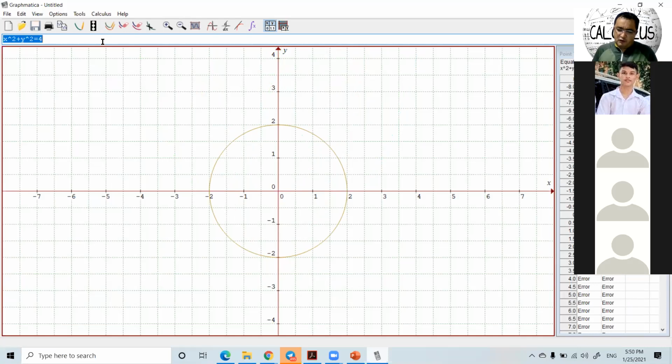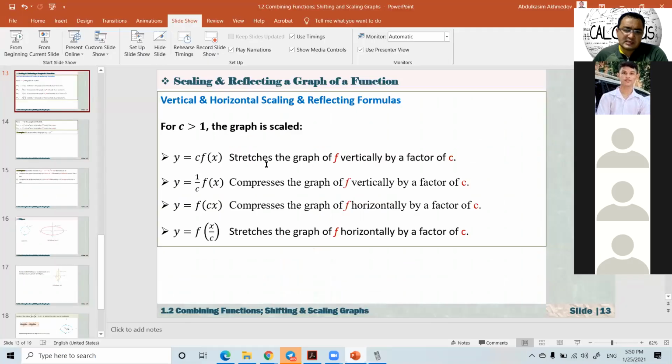So in the formula, if you're keeping the paper on your table or not, you can look a bit later. What happens if I change, for example, let's start with y? I am going to multiply y here, just testing the first one. Multiplying y equals c times f of x says to stretch the graph of f vertically by a factor of c, right?